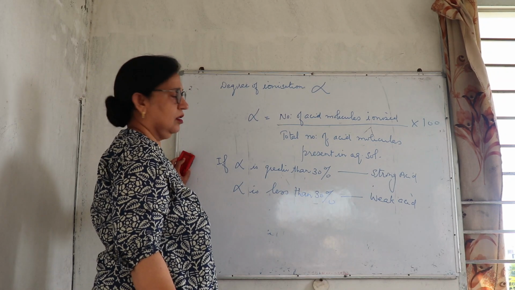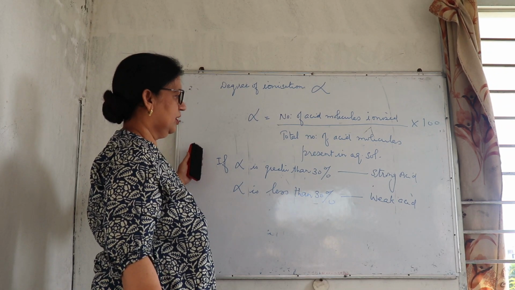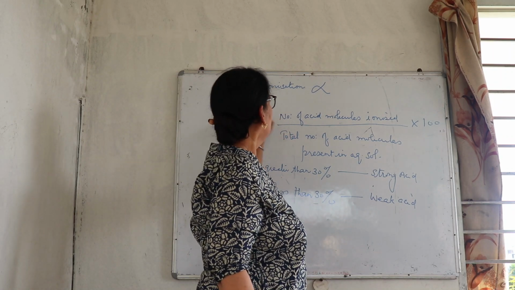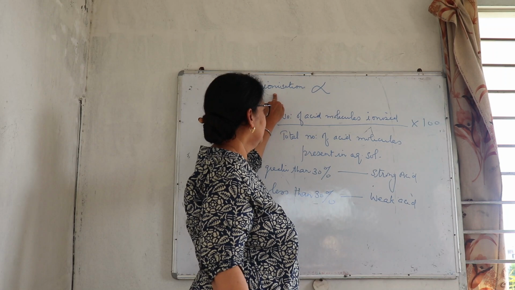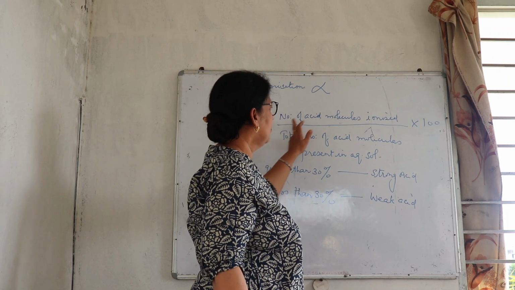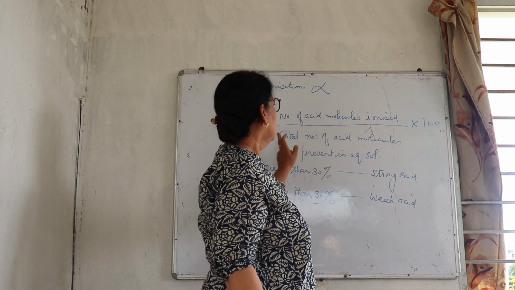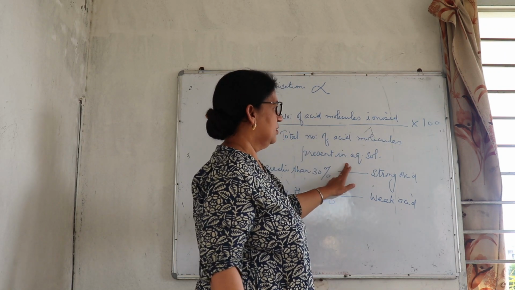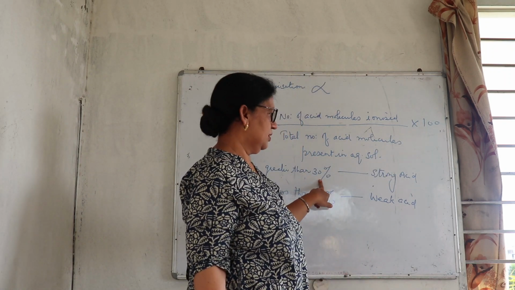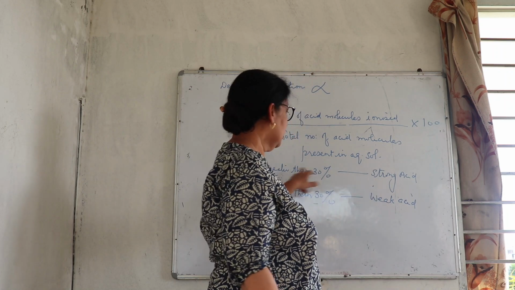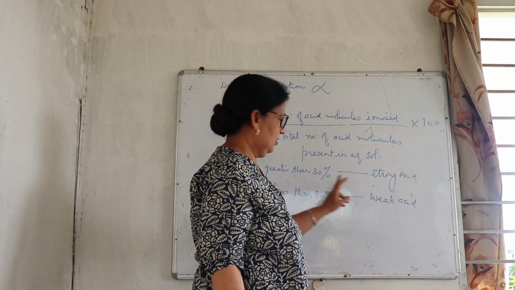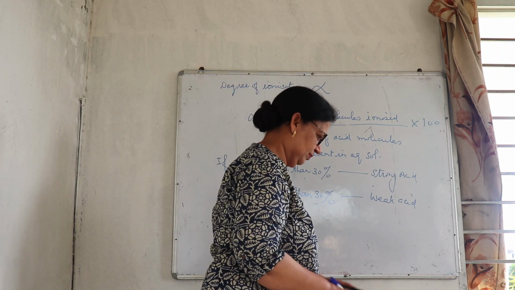So this is how we decide the strength of an acid, depending upon the value of alpha, the degree of ionization, how much that acid ionizes. It is the number of acid molecules ionized upon the total number of acid molecules present in the aqueous solution, into 100. If the value comes more than 30%, that is a strong acid. If the value comes less than 30%, that is a weak acid.